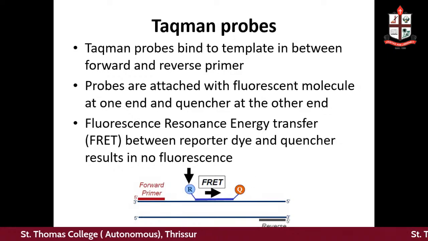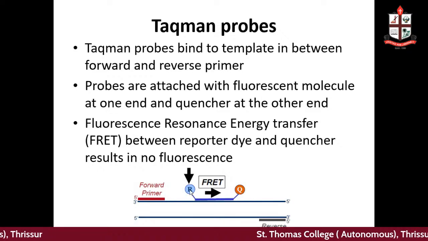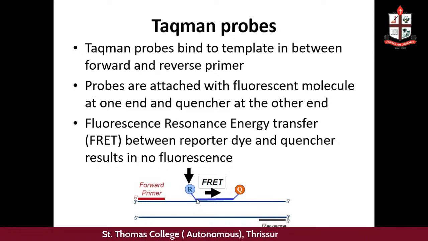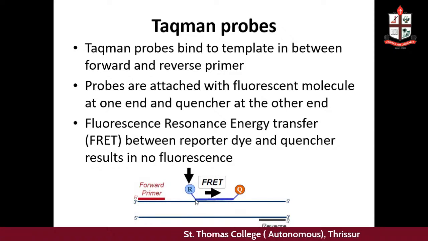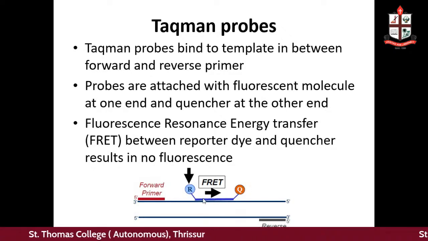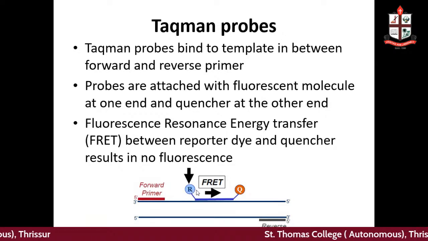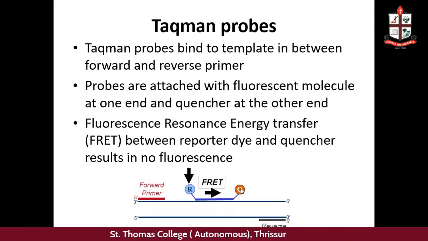In this FRET mechanism, in TaqMan chemistry, the probe is another oligo. It's a slightly bigger oligo which also binds to that particular DNA region, and this probe is attached with a reporter dye and a quencher dye, and the emission of the reporter dye will be the absorbance wavelength of the quencher dye.